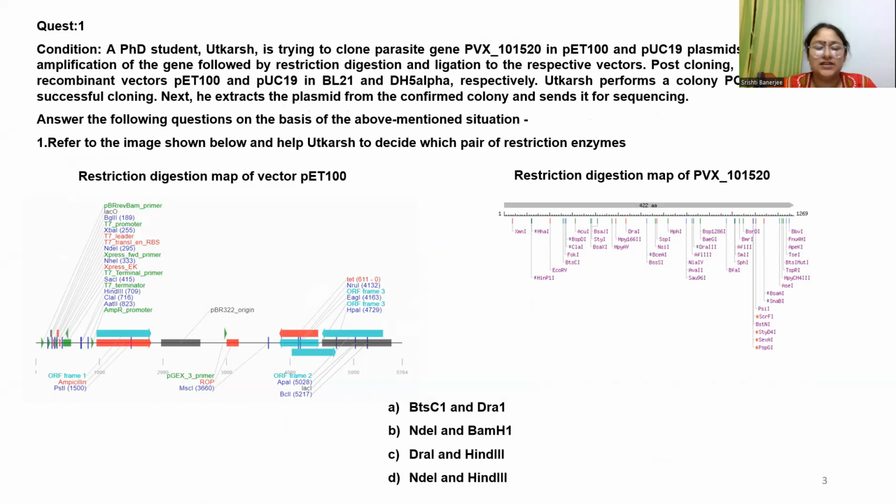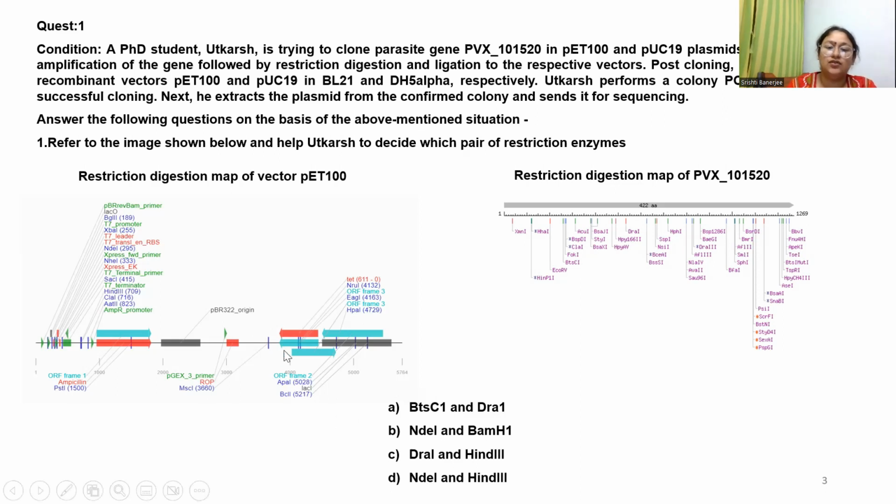So the first question was, you have been given a particular vector and also a particular gene, and you need to insert it. So you need to find a set of restriction enzymes to insert that gene of interest within the vector. What will be your approach, or how will you choose when you're given a question like that? If the restriction sites or the map of the vector is given, try to find a pair of restriction enzymes which are present in your options.